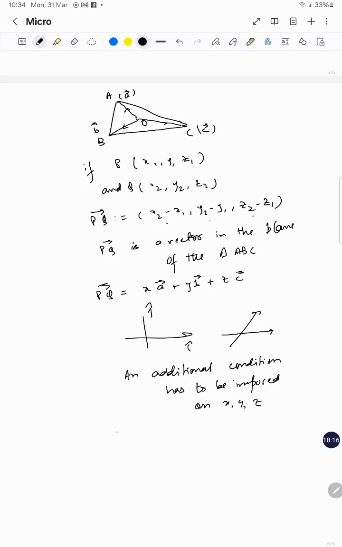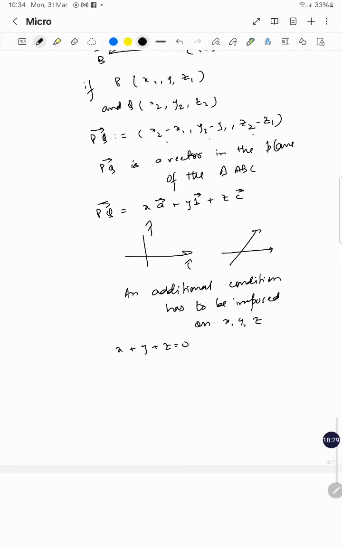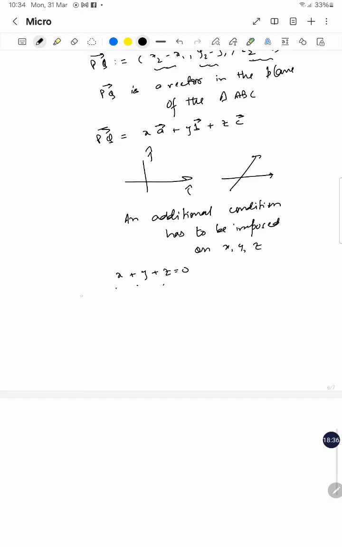If we let x, y, z be such that x plus y plus z is equal to 0, then we have got a representation of PQ as a linear combination of A vector, B vector, and C vector. These x, y, z are then these three numbers. So suppose displacement vector PQ is x1, y1, z1, and MN is x2, y2, z2.